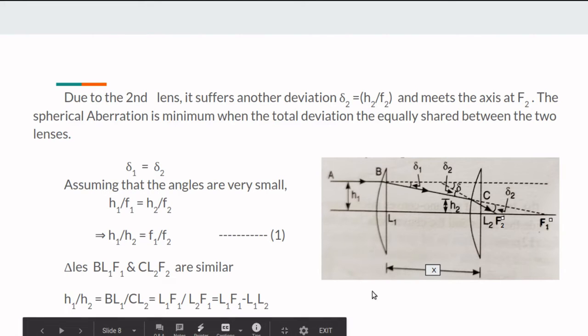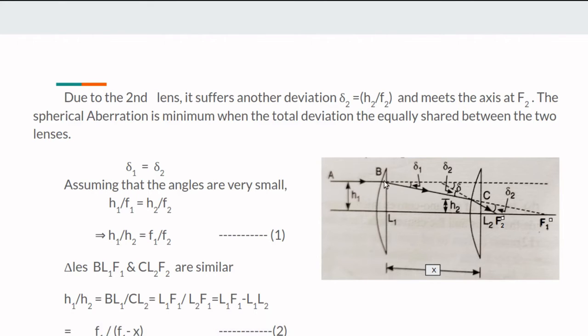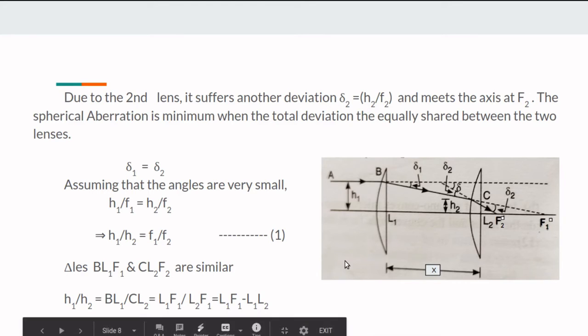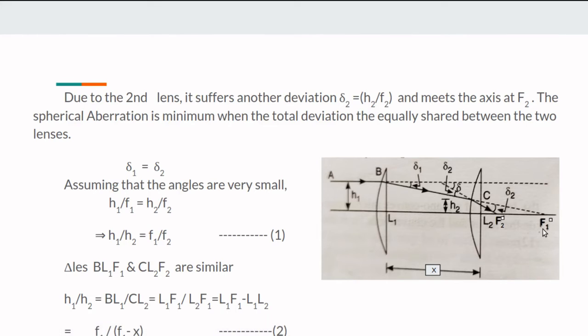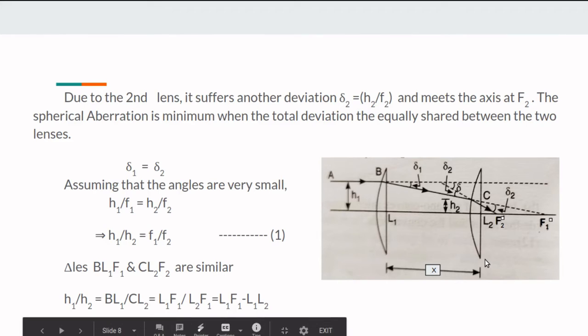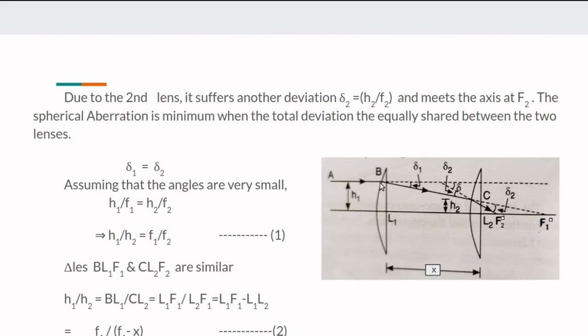If AB is parallel light incident on the first lens L1 at the point B, after refraction it meets the principal axis at F1 in the absence of the second lens. This is the incident ray, and in the absence of the lens, this is the direction of the ray, the dotted line.